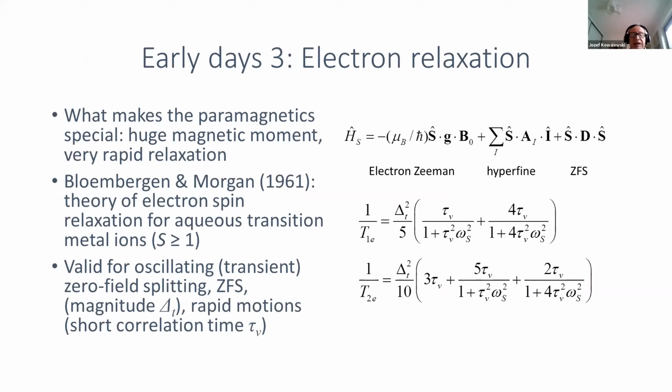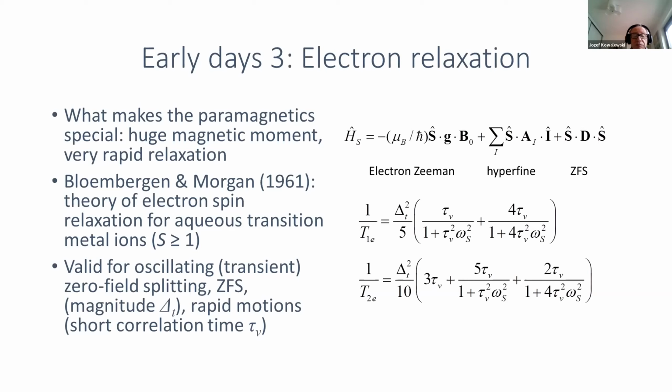Now, as I said, what makes paramagnetic systems special is that we have this huge magnetic moment of the unpaired electron spin. And this huge magnetic moment has one more interesting property. It has a very rapid relaxation. So the magnetization due to electron spin is relaxing rapidly to equilibrium. Already in the early 60s, in 1961, Bloembergen and Morgan formulated the theory of electron spin relaxation for aqueous transition metal ions with electron spin 1 or higher.